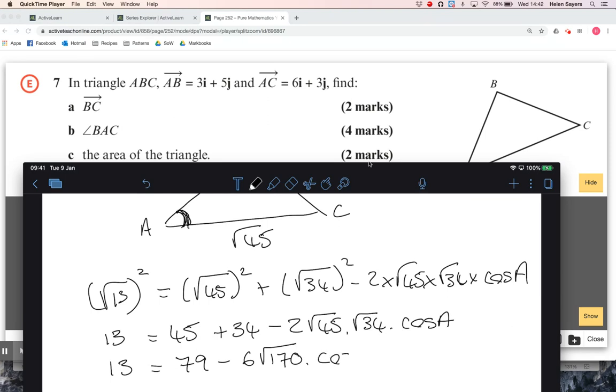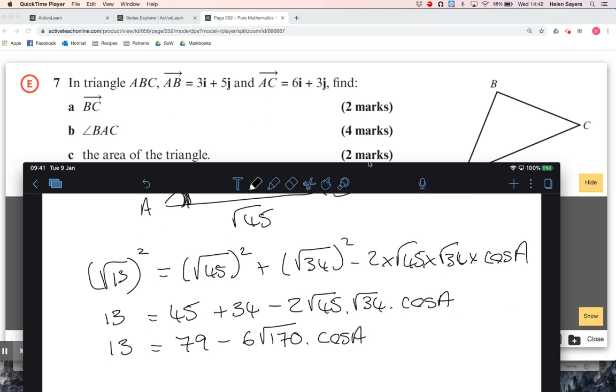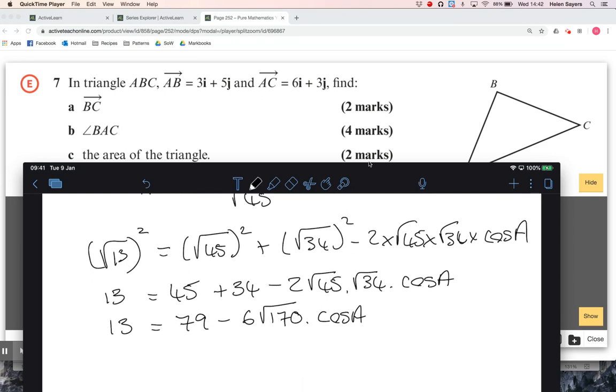And obviously the cos A is not inside the square root. So I'm going to minus the 79 from the 13. Obviously I've got a minus on both sides, so I could just cancel that negative. So then it's going to be minus 66 divided by minus 6 root 170. I'm just using brackets there to be on the safe side.